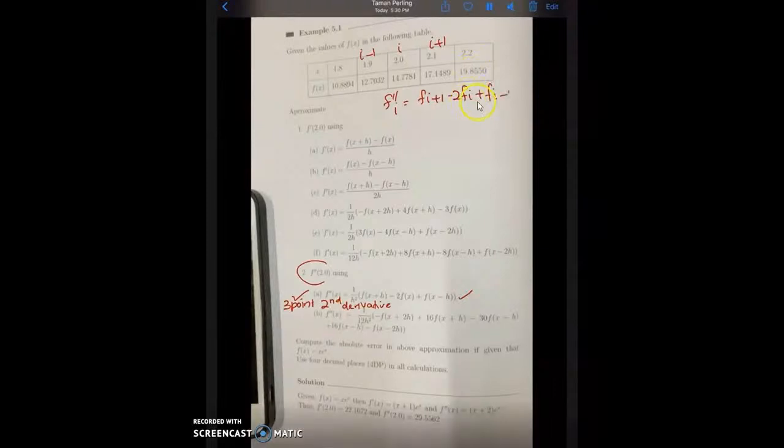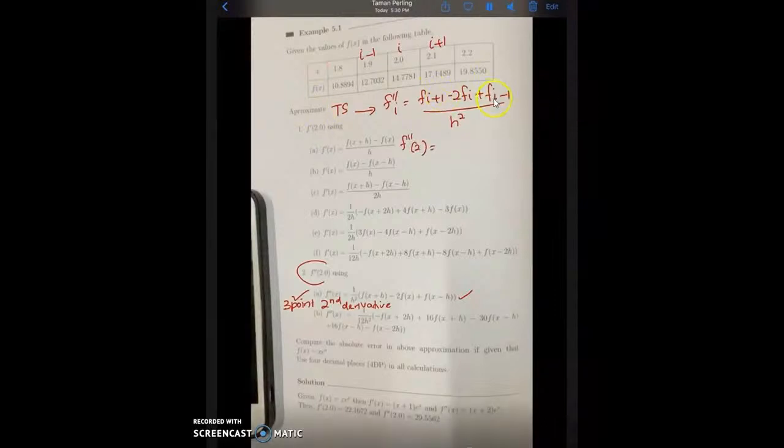If I want to apply the second order derivative, 3-point, f i plus 1 minus 2 f i plus f i minus 1, divided by h squared.